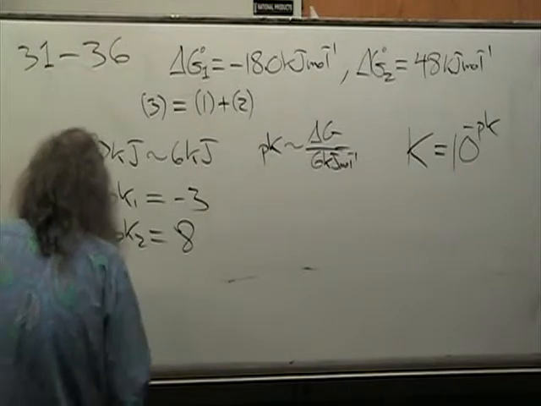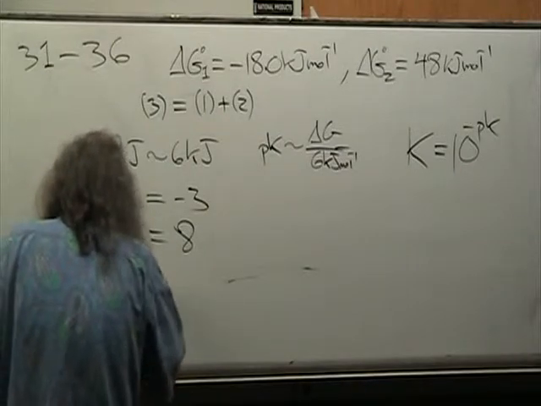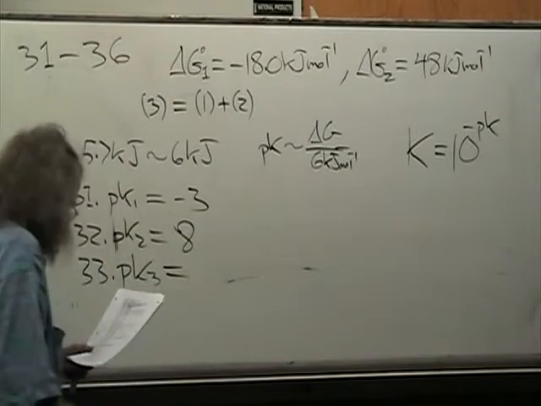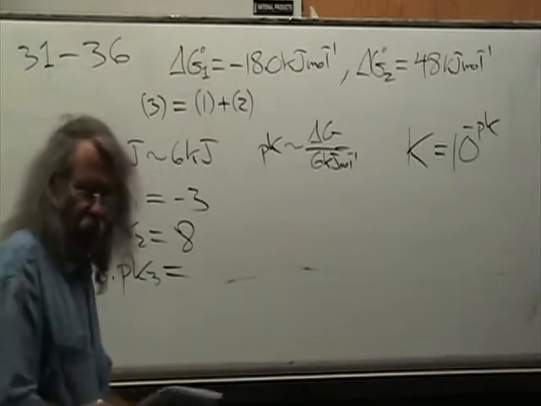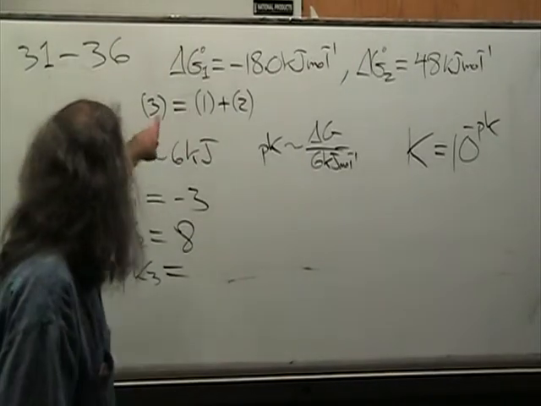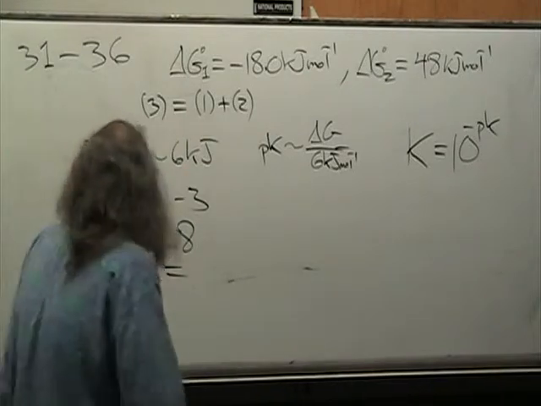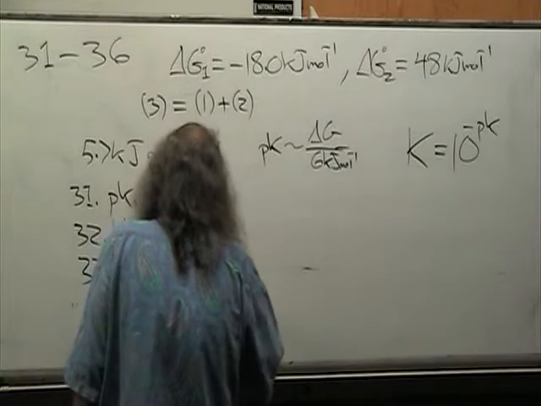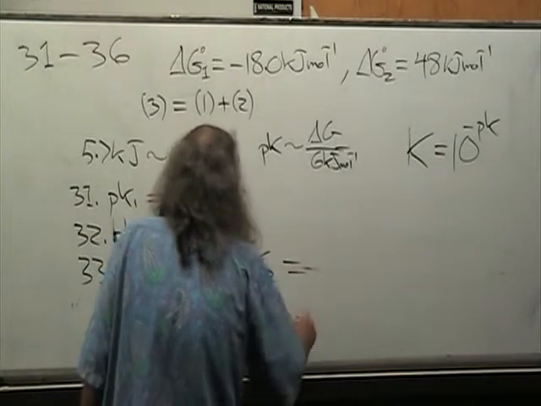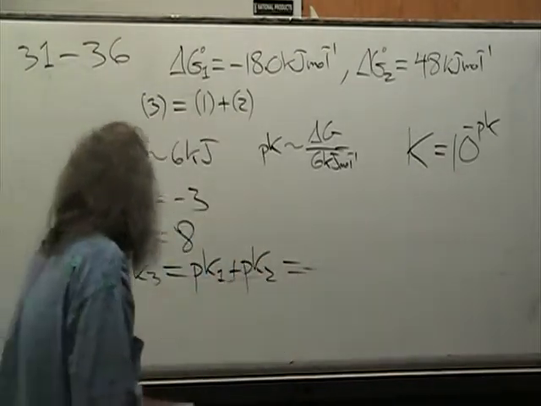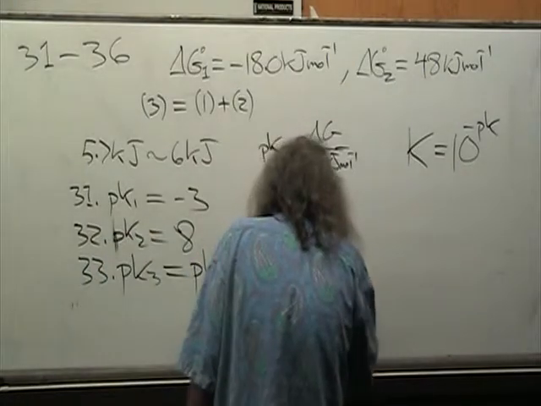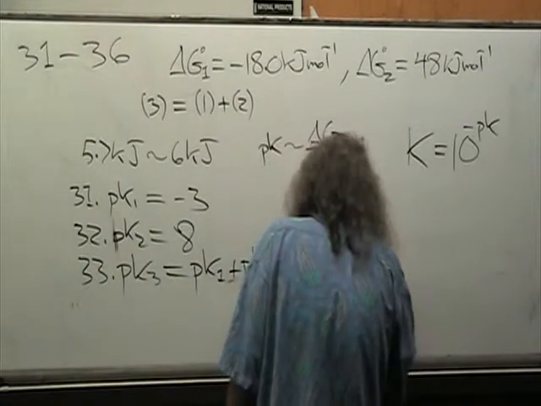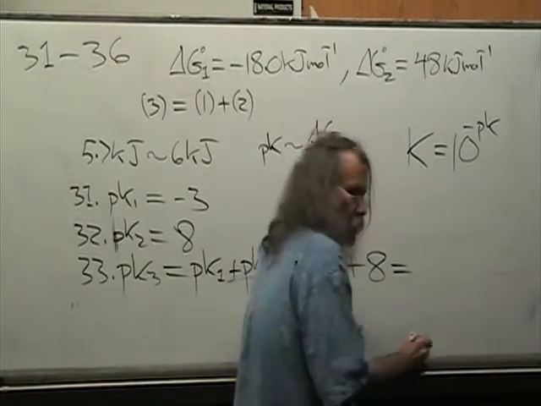And 33 is pK3, I believe. Well, this one is going to be equal, since reaction 3 is 1 plus 2, pK3 is going to be equal to pK1 plus pK2, which equals, we have to be able to take minus 3 plus 8, which is equal to, let me count.